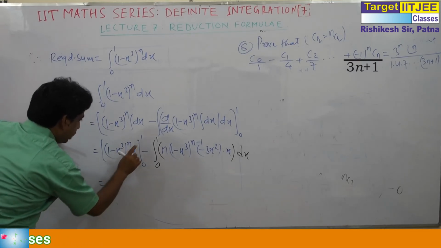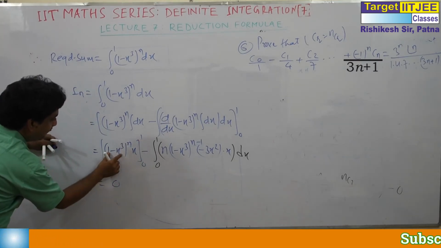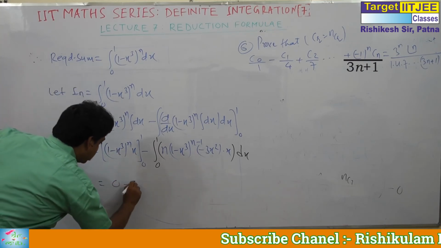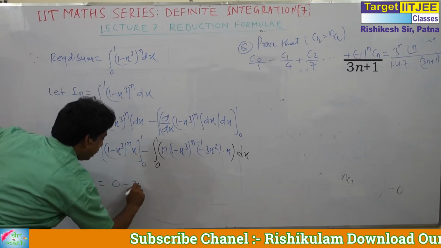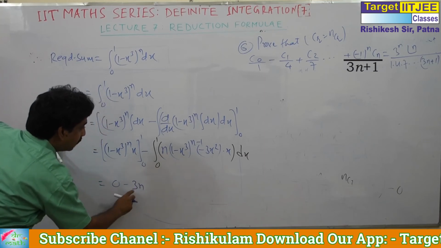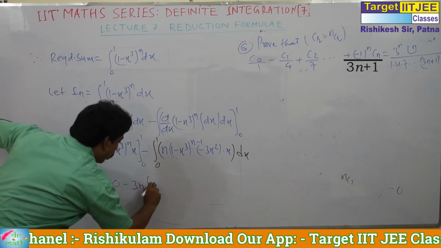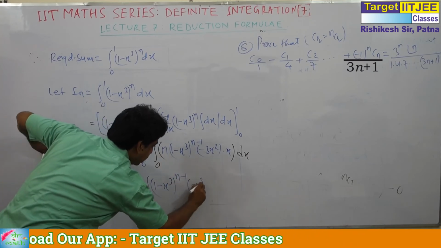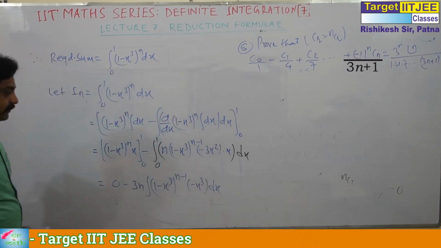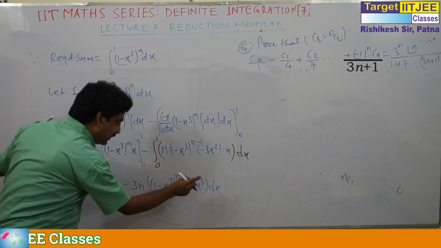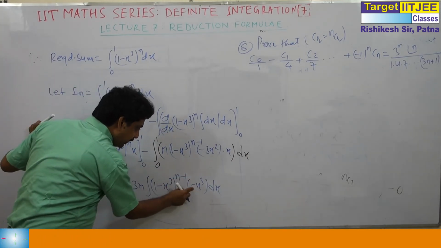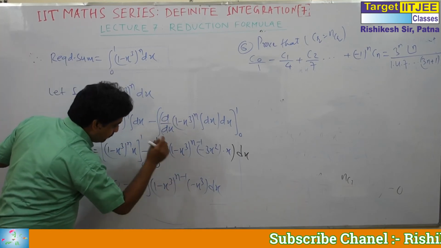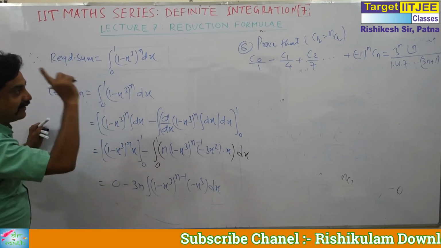Now, see the reduction formula. At x equal to 0, this part is 0, and at x equal to 1, this part is 0. This is minus 3. Take this 3 outside. Take this n outside. (1 minus x cube) to the power n minus 1 into x cube dx. I am not taking this minus outside because there is a certain reason that you will get in the next step.